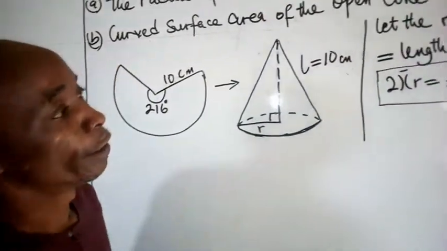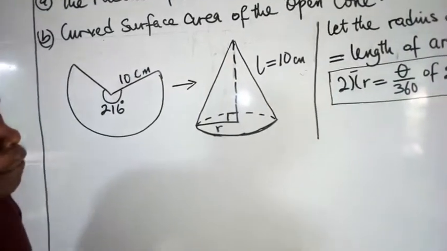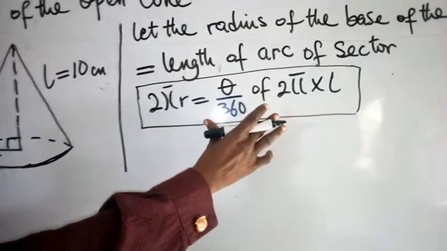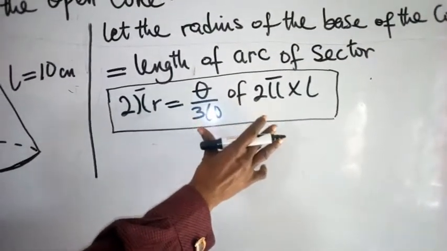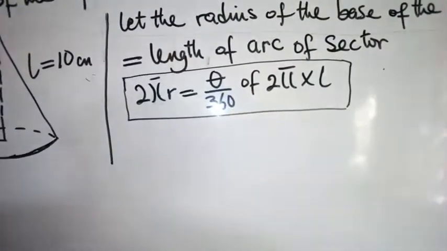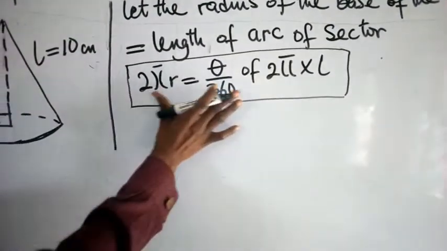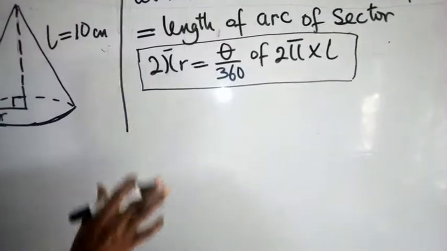Before we step out for the 2-minute break, we were at the point of showing you how we derive the formula for finding the radius. There's a big formula here, very long, but we are going to shorten it now.